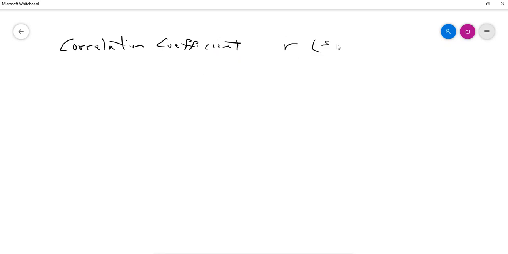All right, so correlation coefficient r, sample. Right? This is the symbol for the sample, but r is going to be between 1 and -1.